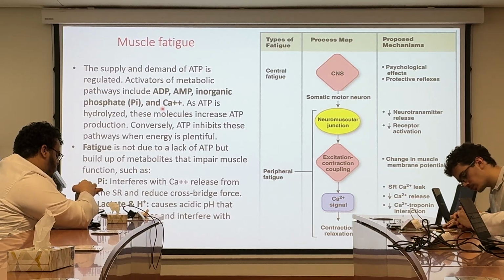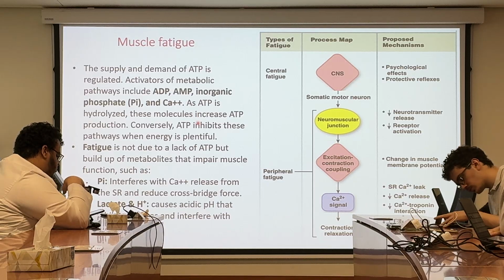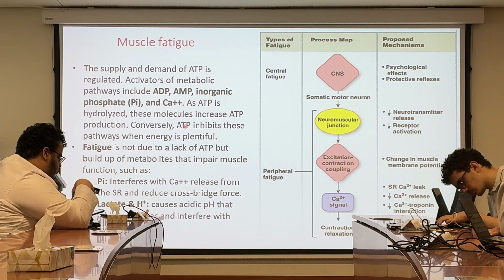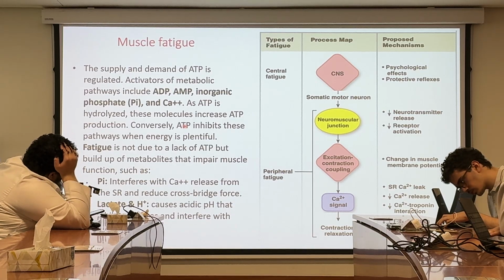Okay? So as ATP is hydrolyzed, you start to stimulate these metabolic pathways to make more ATP. On the other hand, ATP will inhibit these pathways during rest. In other words, you're sitting and having coffee with Dunkin' Donuts and that kind of thing.